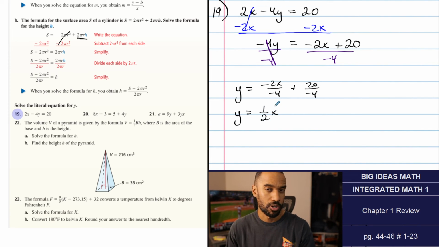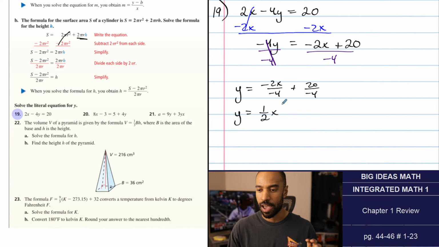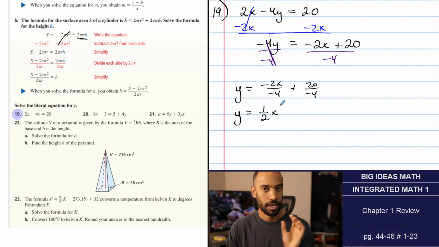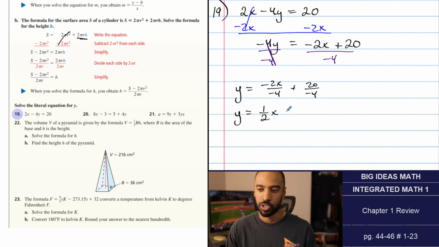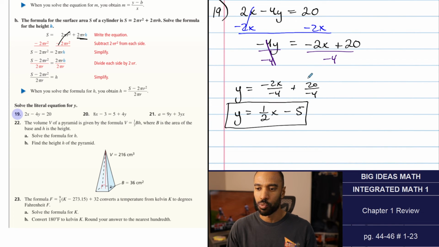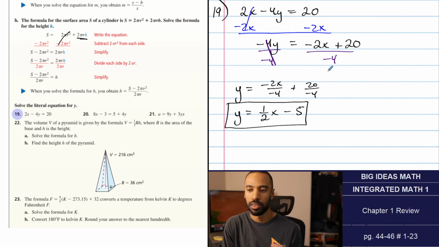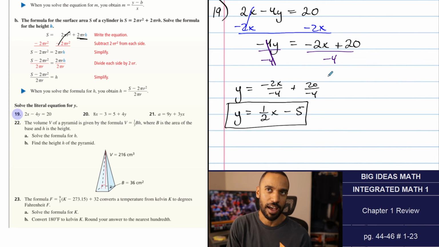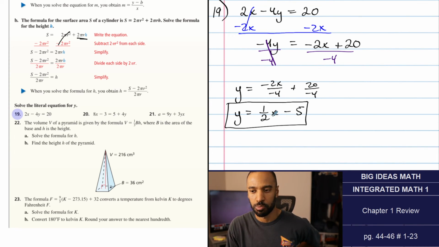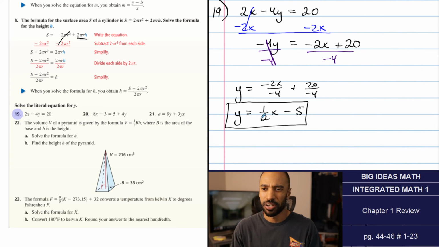And as far as slope-intercept form goes, this is the preferred way you'd want to write it. Not x over 2, not 0.5 times x, but 1/2 x, literally like that. 20 divided by negative 4 is actually negative 5, so adding negative 5 becomes minus 5. So this is my preferred version of the answer, y equals 1/2 x minus 5. There's also negative 5 plus 0.5x, things like this. But as far as when we graph these later, you're going to want it to look like that.